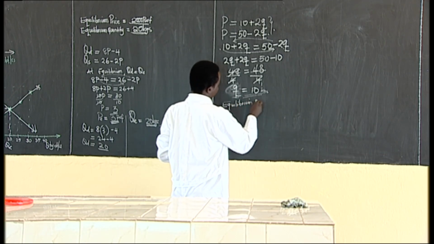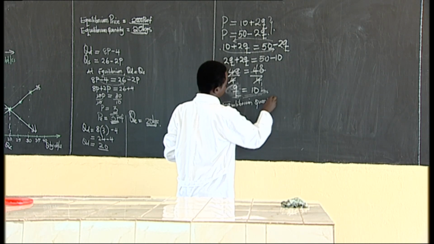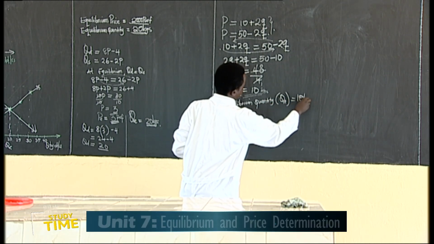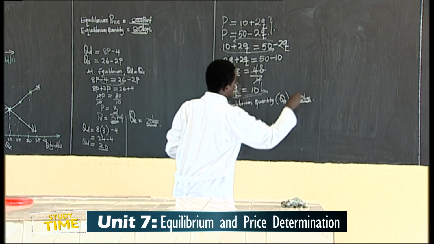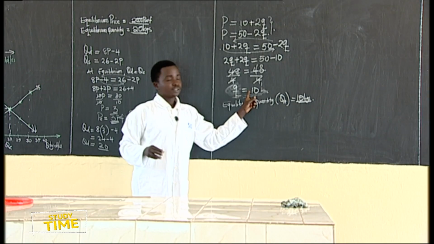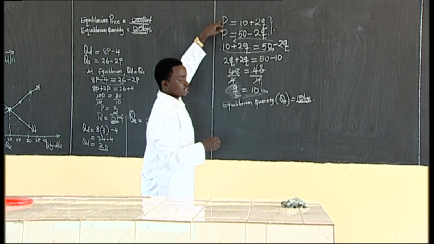Our equilibrium quantity, call it Q, is equal to 10 kilograms. Then you can substitute the value of Q in any of the equations, then you determine equilibrium price.